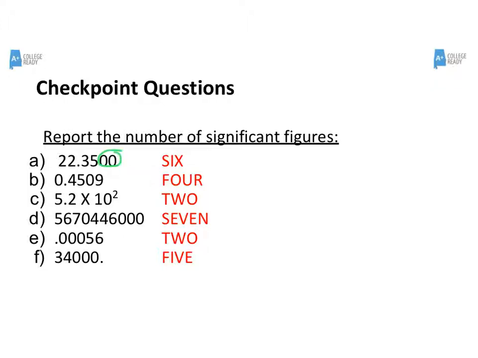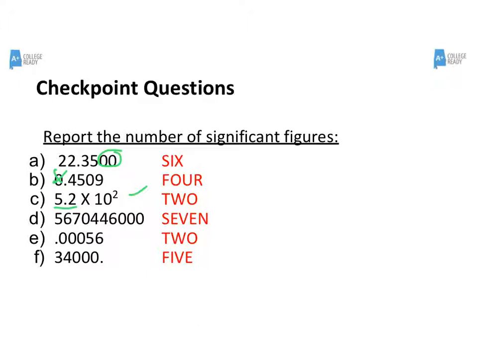These two zeros are significant. This measurement has 4 significant figures. The 0 between the 5 and the 9 is significant. This 0 is not significant. This measurement has 2 significant figures, the 2 non-zero digits.